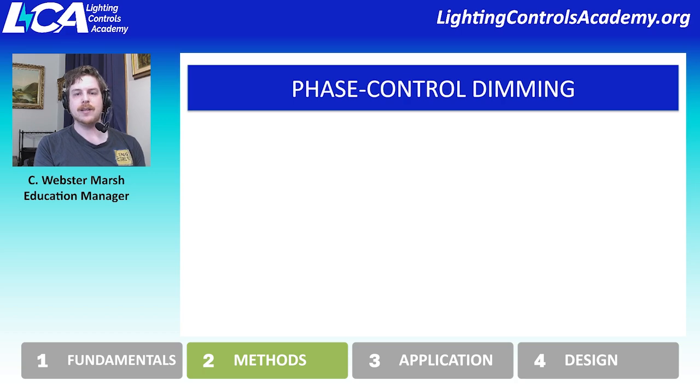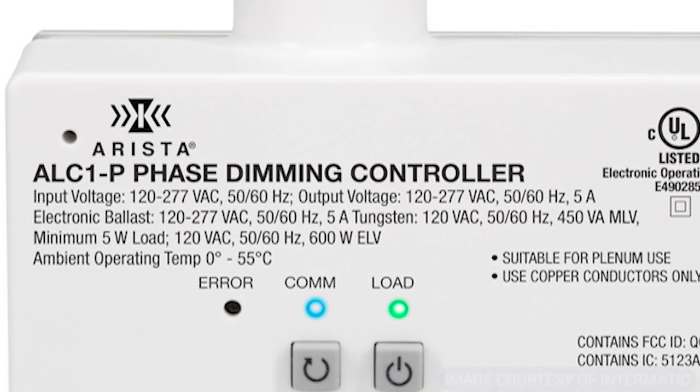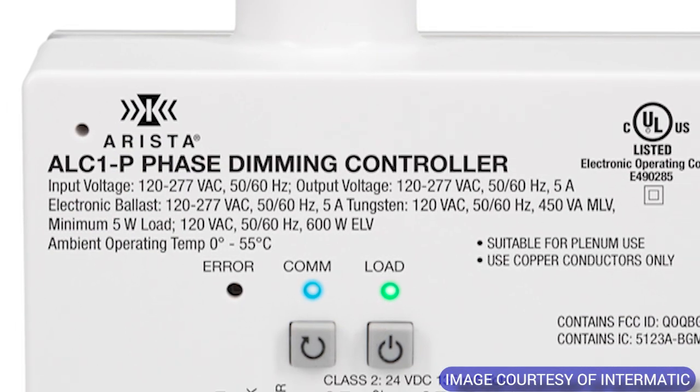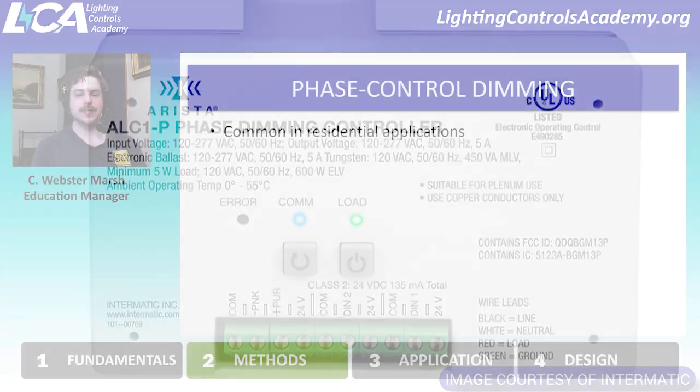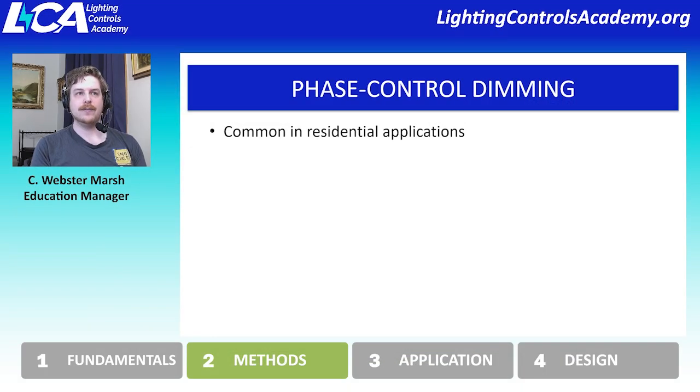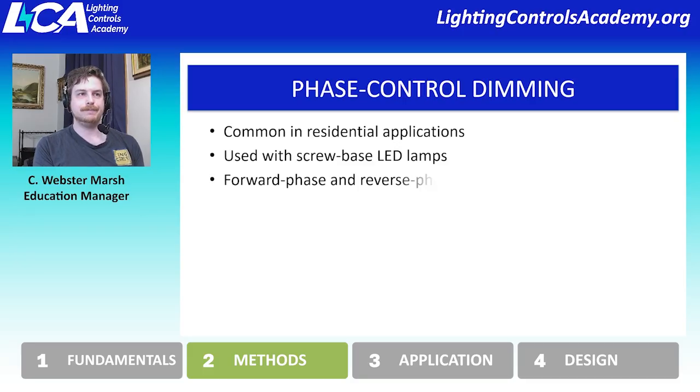So let's just talk a little bit about application for these protocols. So phase dimming is most common in residential applications. And so you'll see, it's referred to as two-wire dimming sometimes, where you just have a neutral and hot. But in residential dimming, it just seems to be a very popular choice. And it's usually because we have screw-based LED lamps.